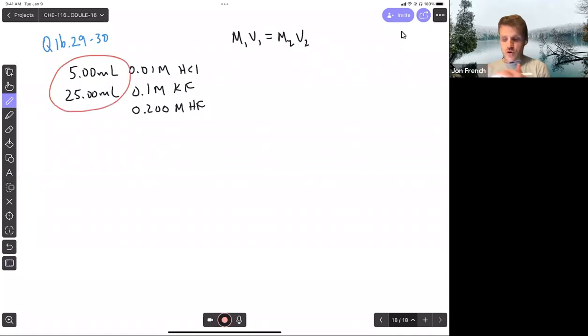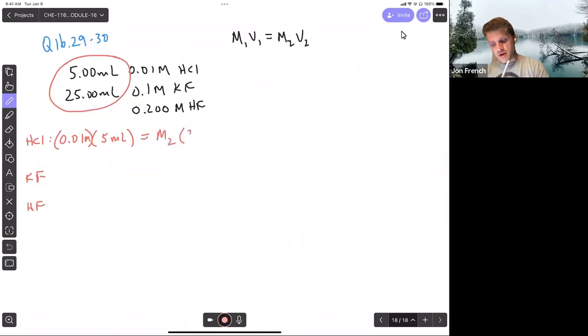So let's find our new concentrations of HCl, potassium fluoride, and HF. For HCl, my initial concentration is 0.01 molar, my initial volume is 5 milliliters, my new concentration is what I'm looking for, and my new volume would be 30 milliliters.